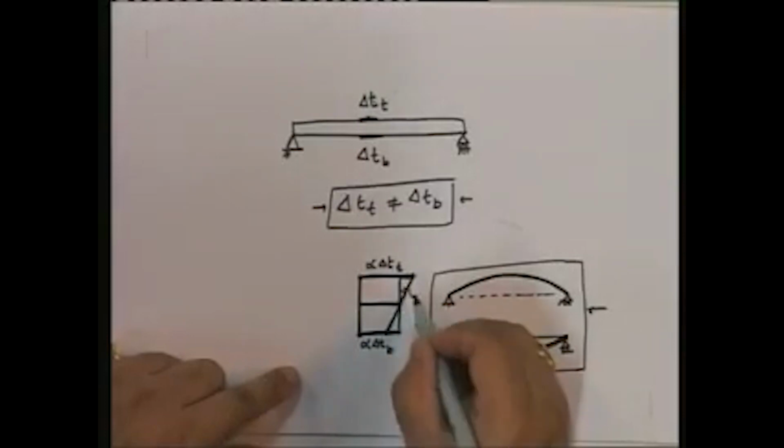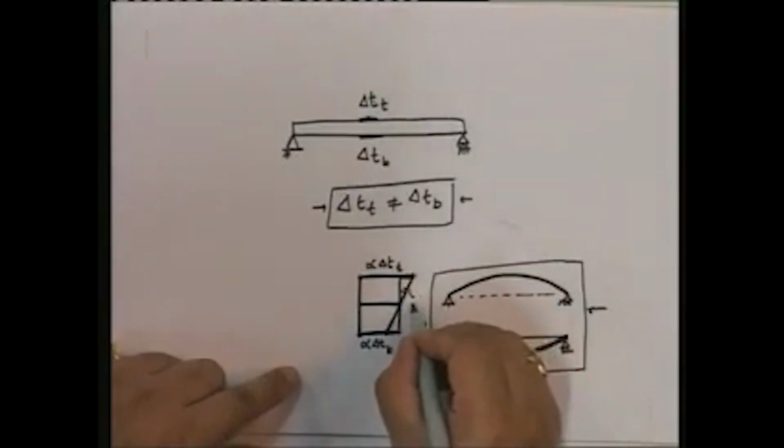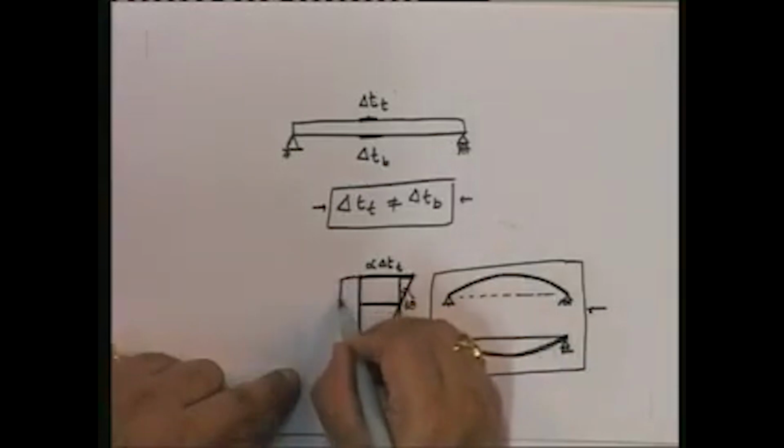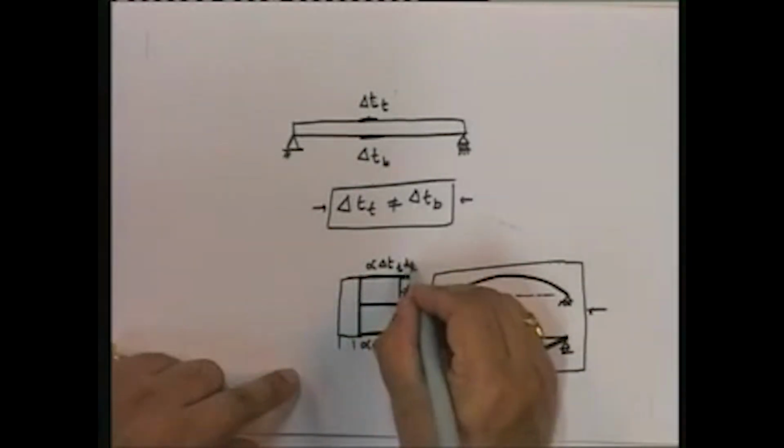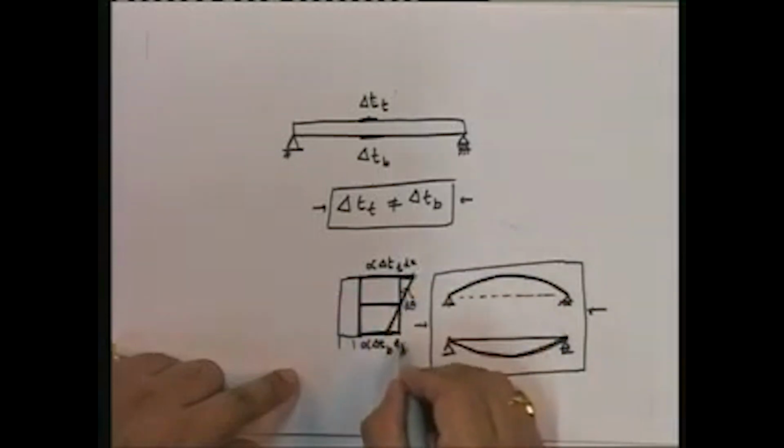Remember that this is equal to d theta. And if this is delta x, then this goes dx, dx.